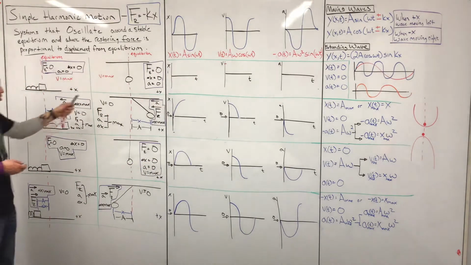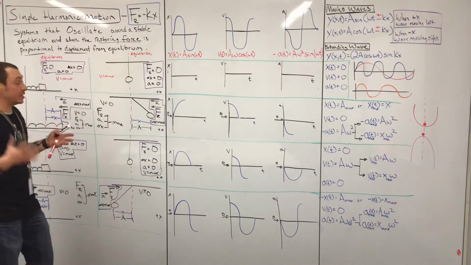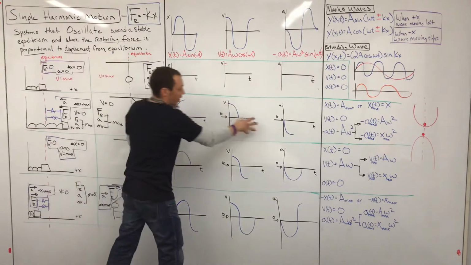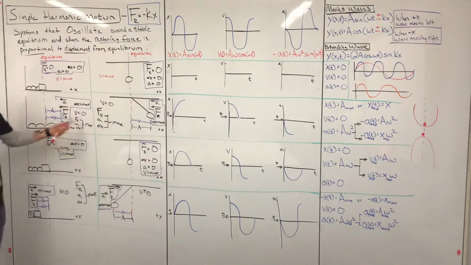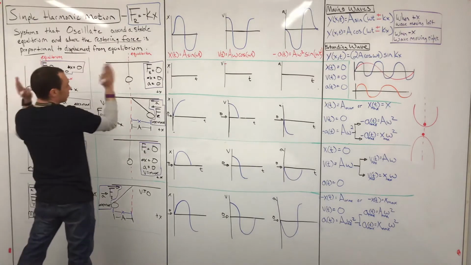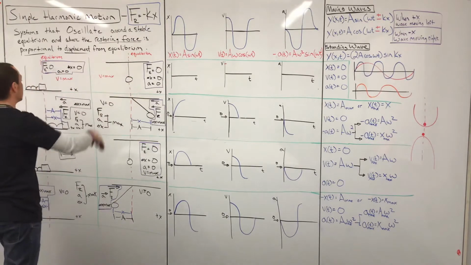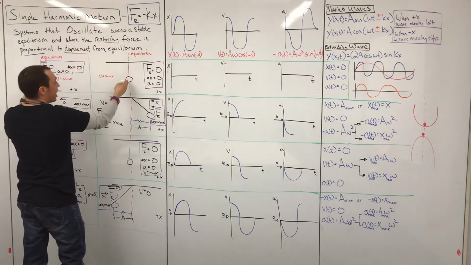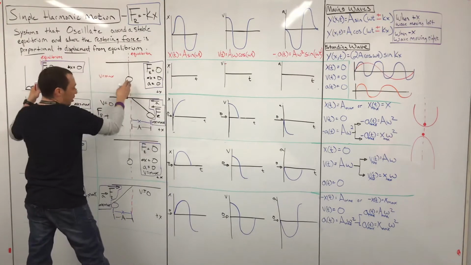In order to graph them, we have to have some idea what their values are doing, because these graphs are telling us the values of what's happening over here. So imagine that this thing's already oscillating, we're at an equilibrium point, and we want to graph this now.